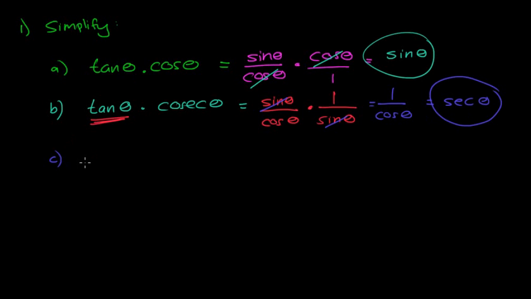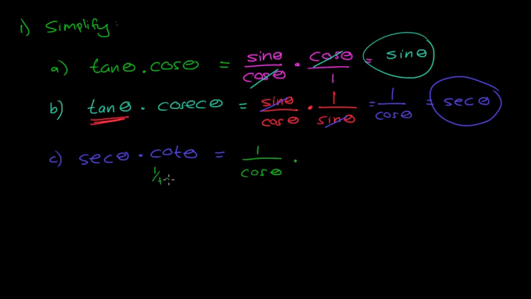So let's have a look at the next one. We'll do sec theta times cot theta. Maybe pause it, have a crack at it, and then come back. Okay, so sec theta, well, we know that's 1 over cos theta. Cot theta is 1 over tan theta.